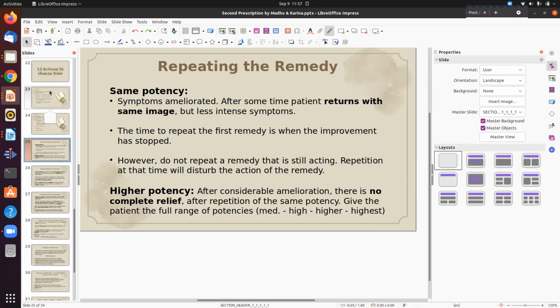The time to repeat the first remedy is when the improvement has stopped. Amelioration was there, now there is no improvement. Okay, we repeat the same remedy.